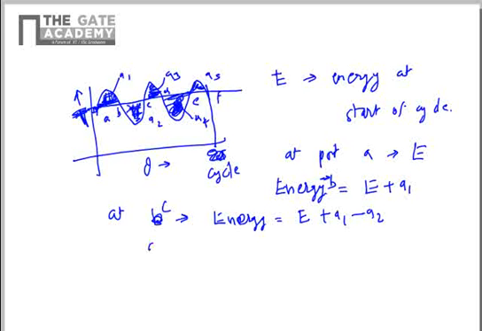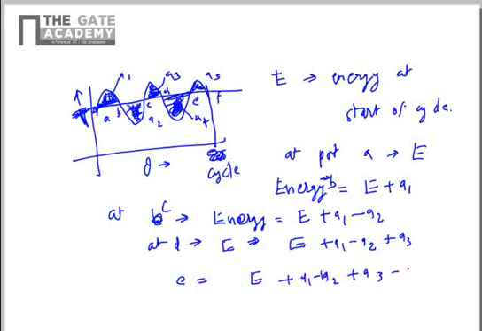At point D, the energy will be E plus A1 minus A2 plus A3. Similarly, at point E, it will be E plus A1 minus A2 plus A3 minus A4, and at F it will be E plus A1 minus A2 plus A3 minus A4 plus A5.